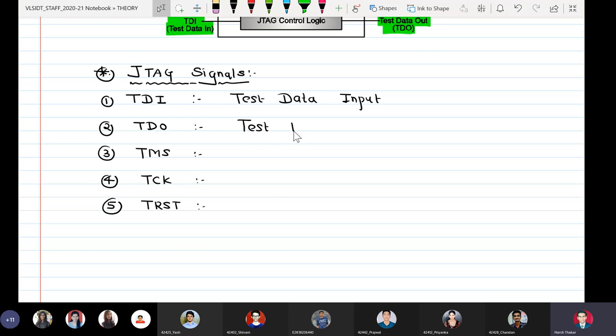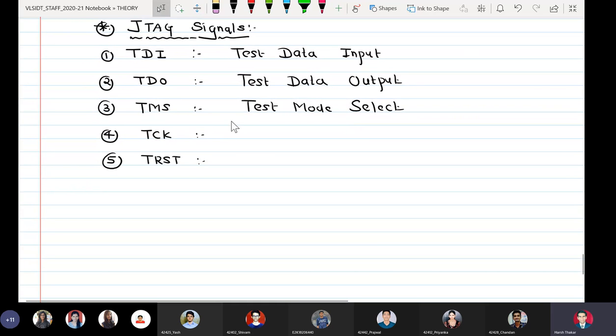Very simple to remember. Test mode select. TCK, T for test, CK for clock. Test reset.